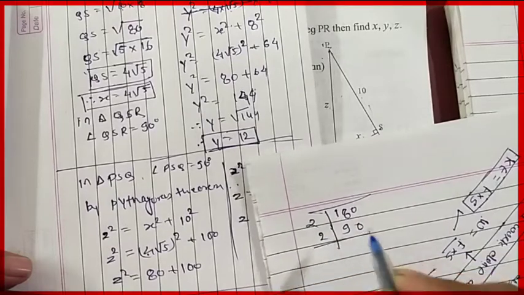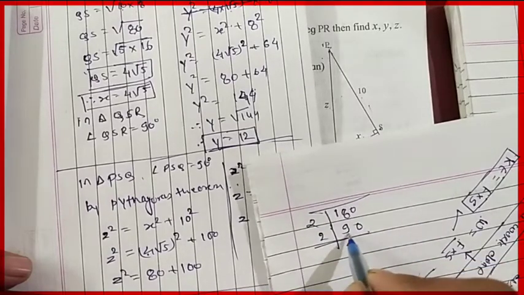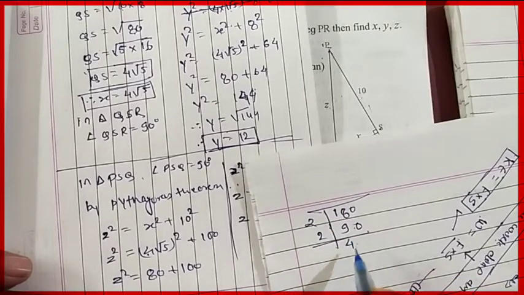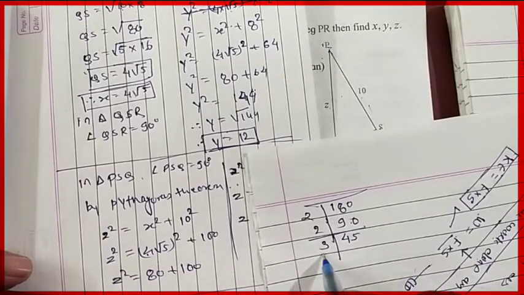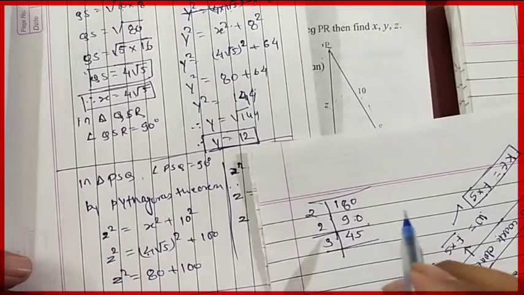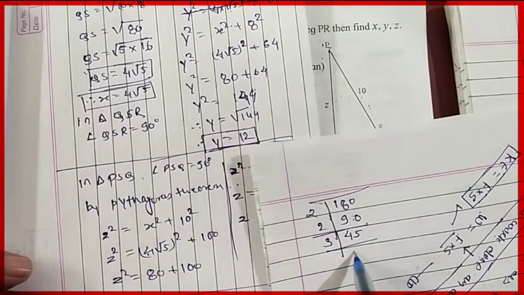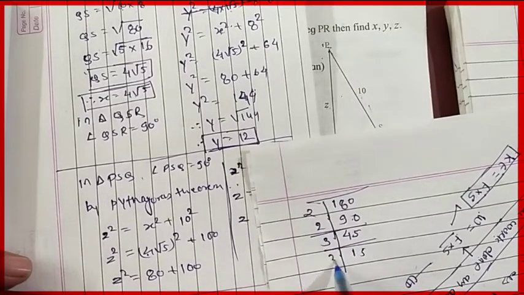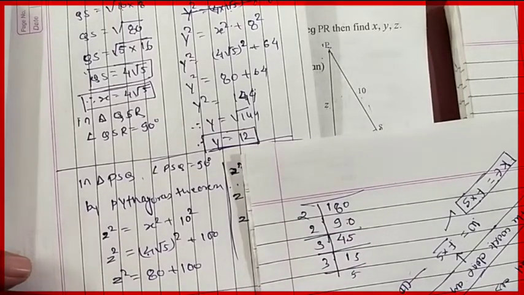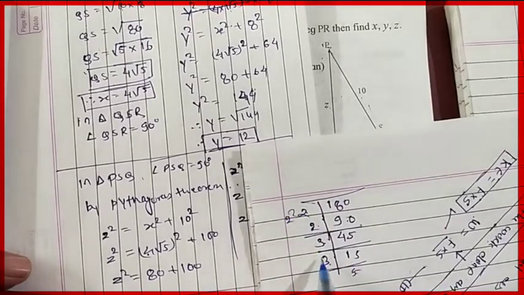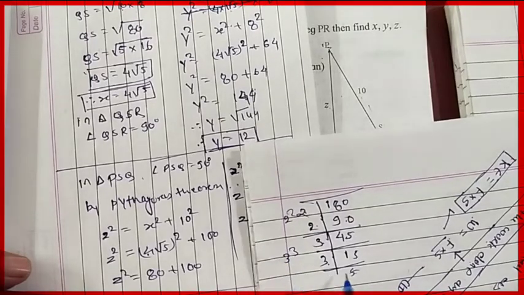Now again 2 4s are 8, 2 4s are 8 and the remaining 1, and 2 5s are 10, so 45. Now 3 goes, so 3 1 is 3 and 3 5s are 15. Then again 3, so 3 5s are 15. So 2 into 2 into 3 into 3 into 5. So 2 into 2 means square of 2, and 3 into 3 is square of 3, and root 5.